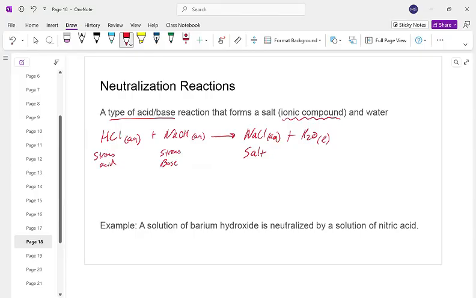All right, so we're going to draw the complete ionic equation first, and then we'll start canceling out the spectator ions. So anything that's aqueous, we're going to break apart. So that's HCl, and then sodium hydroxide, we're going to break apart. And then the sodium chloride, we're going to break apart.